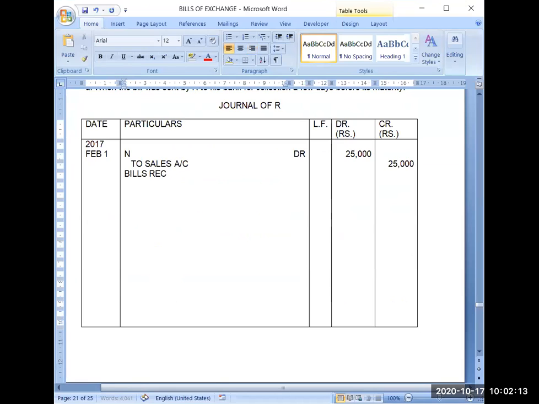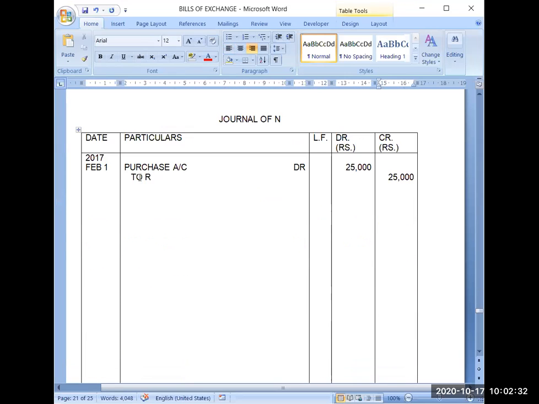Bills receivable account debit $25,000 to N. And here the entry will be R debit 25,000 to bills payable account.